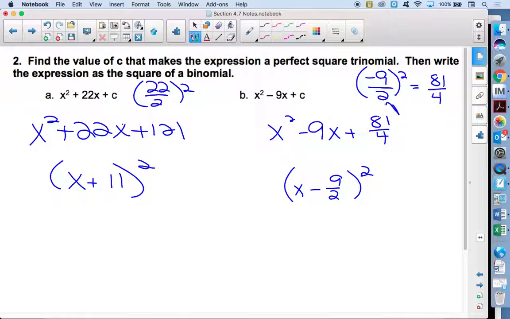This number right here is b divided by 2. We square it to make it the perfect square. So if I'm not squaring it, it's negative 9 over 2. A little trickier with fractions. Do you really have to find c? Well, the problem said make it a perfect square trinomial. But technically to solve it, yes. Other questions?